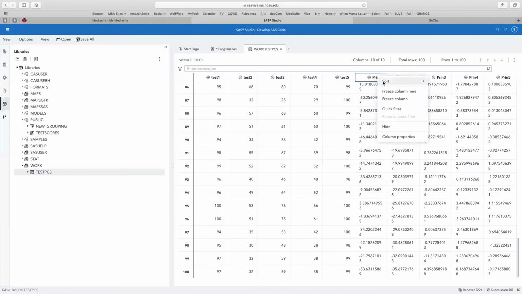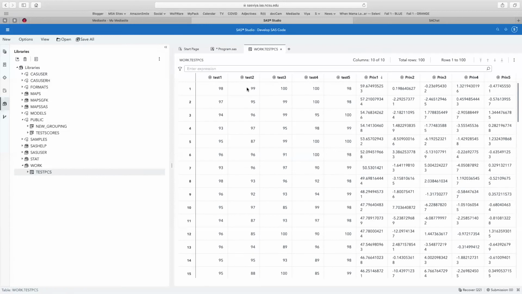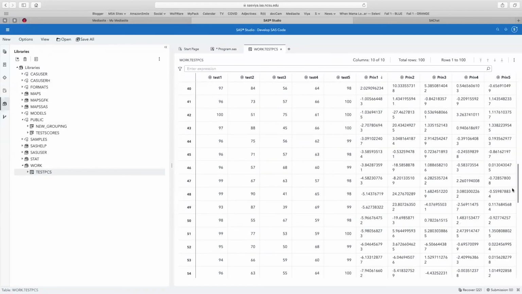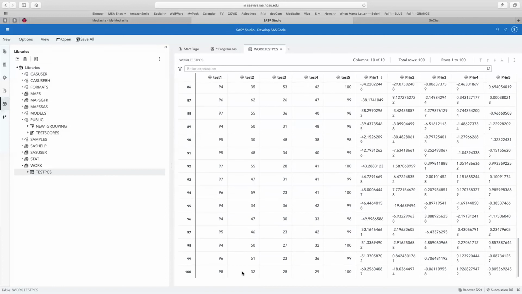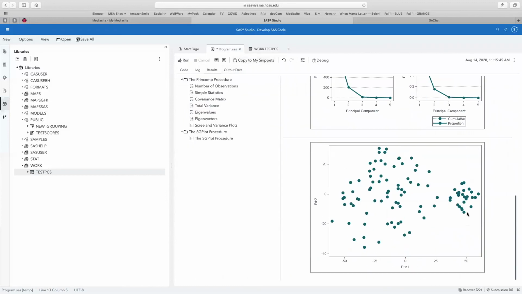Prin 1 still has the same meaning, but perhaps even more so. The largest coordinates did the best on the middle 3 tests, and the lowest coordinates did the worst. When I look at the scatter plot here, it's quite a bit more clear that I have a cluster of individuals over here.